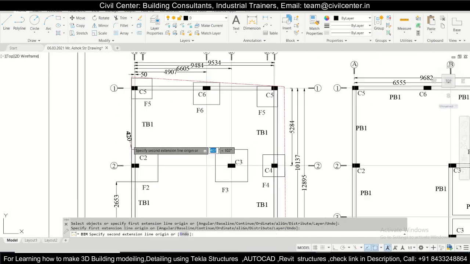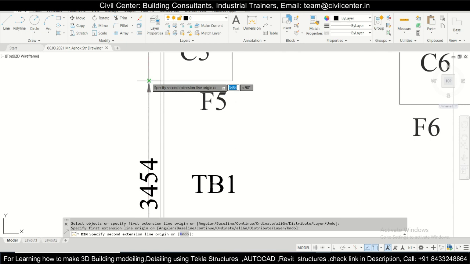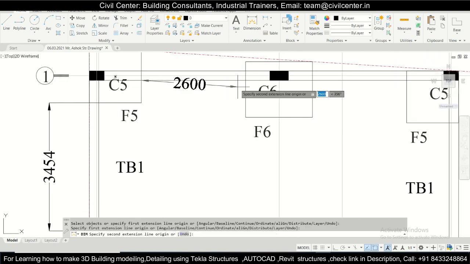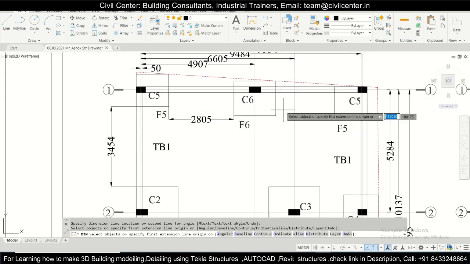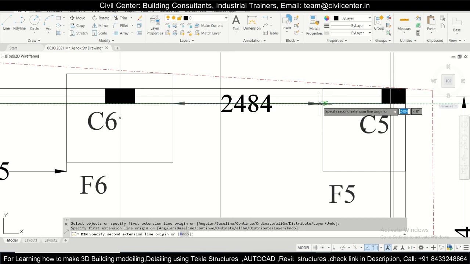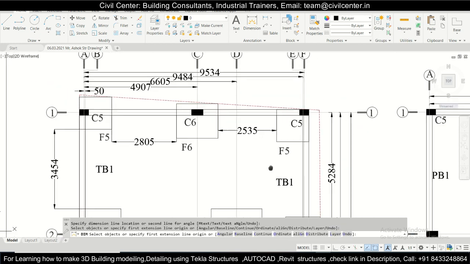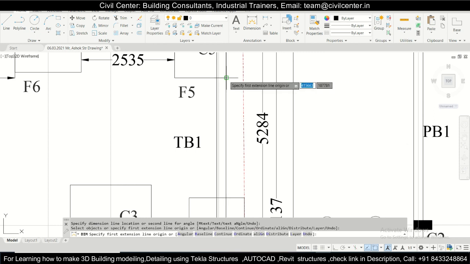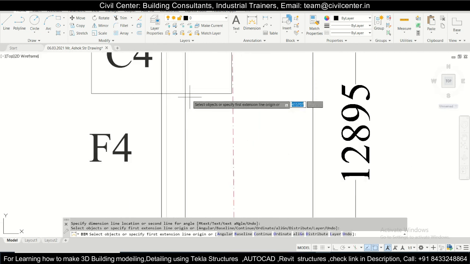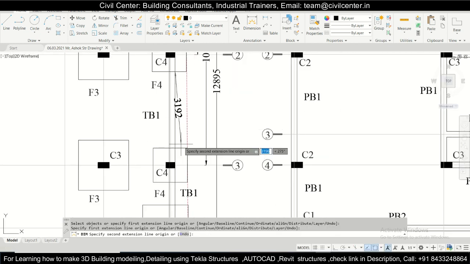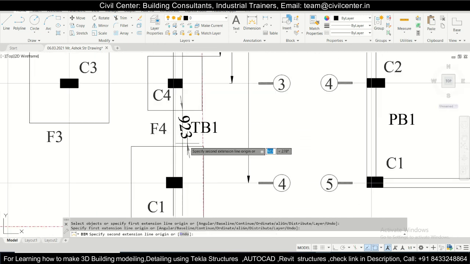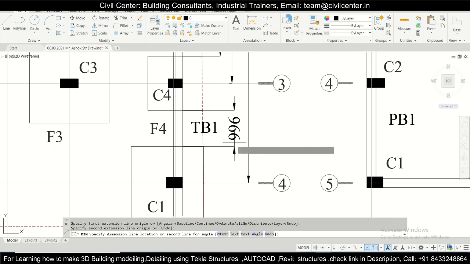I'm just doing this one, and from here to here, and from here to here, there also, and here also, last but not the least, there.